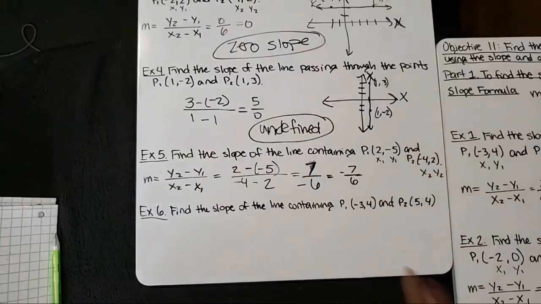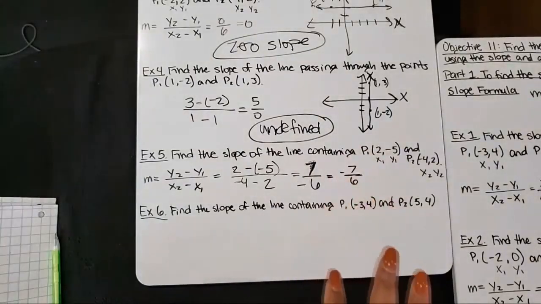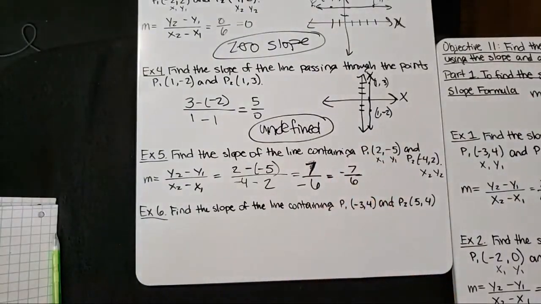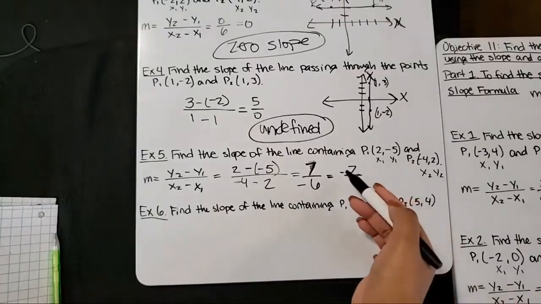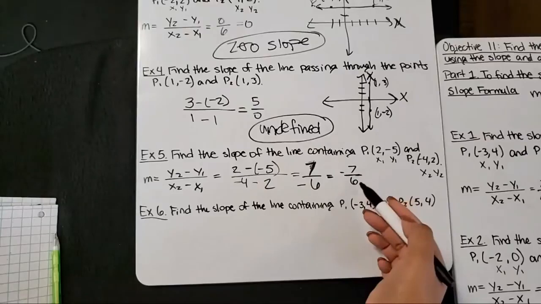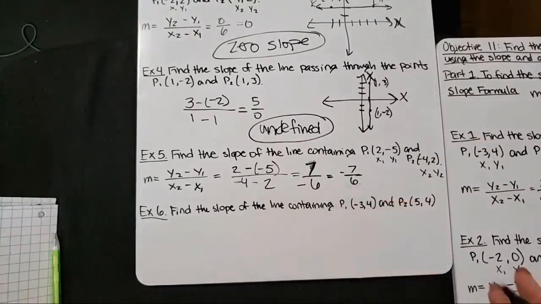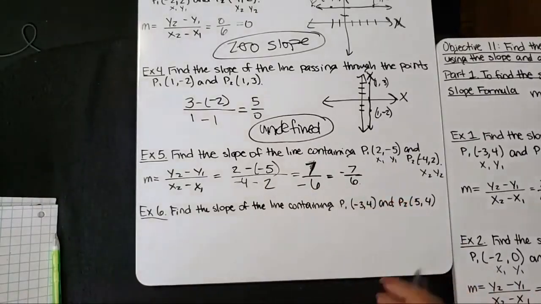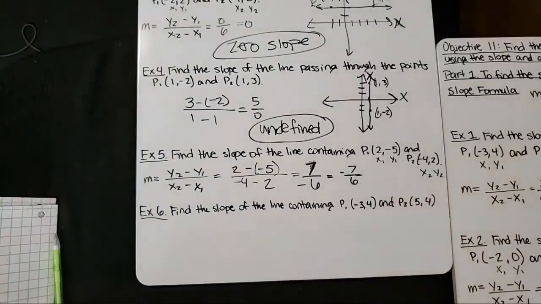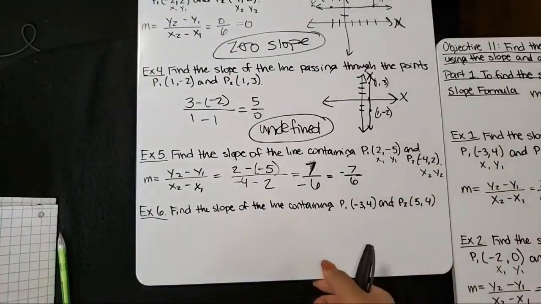And the way that this will be performed, if we have a point, we will go down 7 and we'll go to the right 6. Okay? So we're going to look at that in a few seconds.